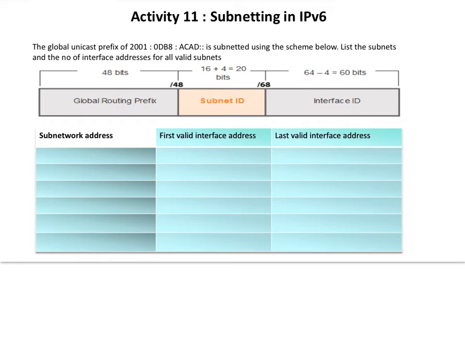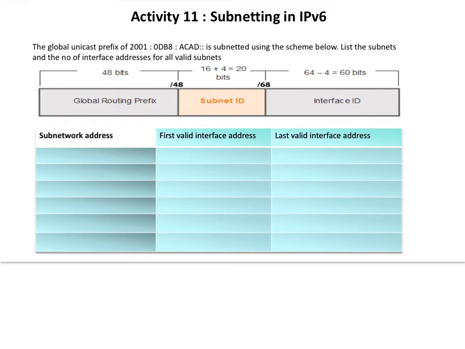Okay. Understood? Yes, understood. So with that said, we just need to calculate the subnetwork address, which combines this part. This part is fixed from here, right? So these 3 hexbits are assigned here, okay? And we just need to loop on the interface, the subnet ID part, starting from zeros all the way to all ones, okay?